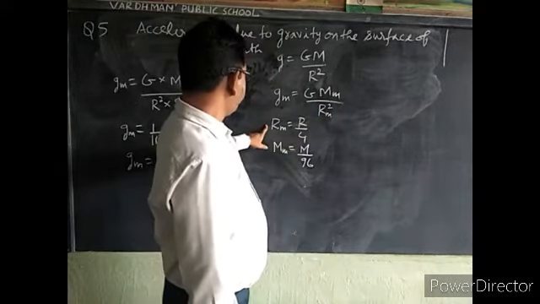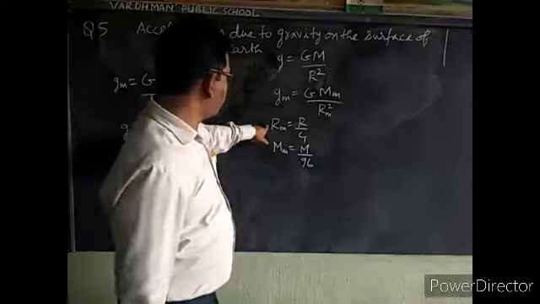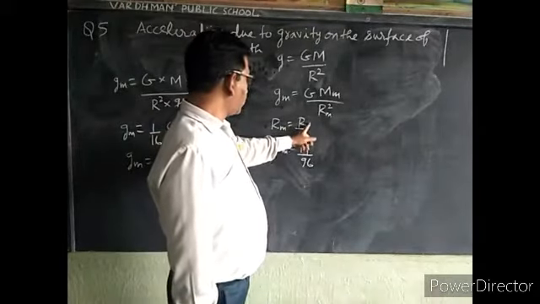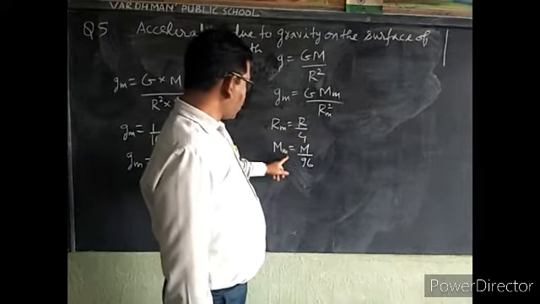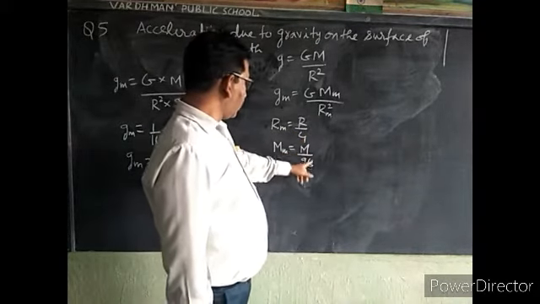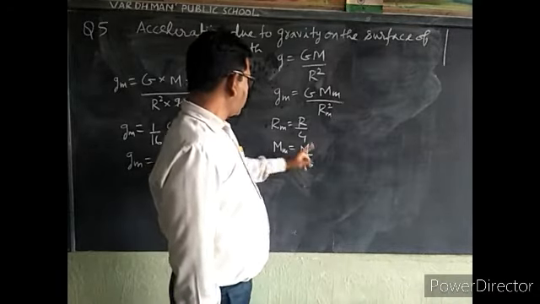Given that the radius of the moon is 1/4 of the radius of the earth and the mass of the moon is 1/96 of the mass of the earth.